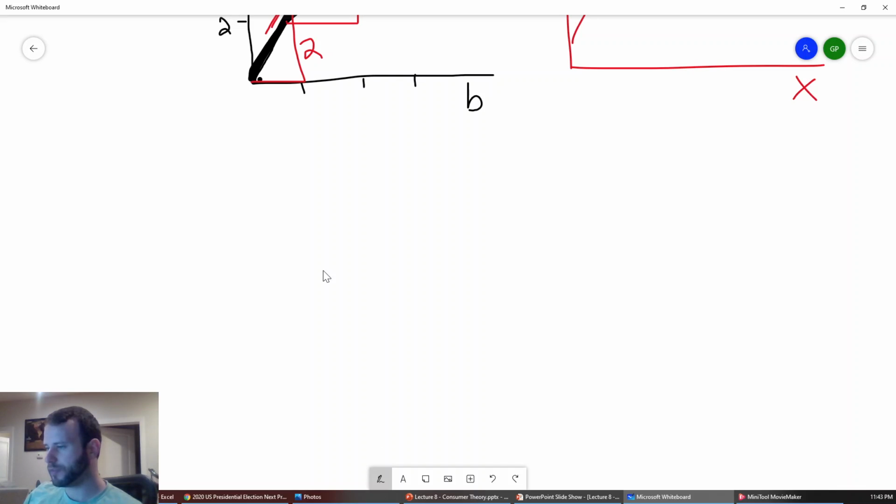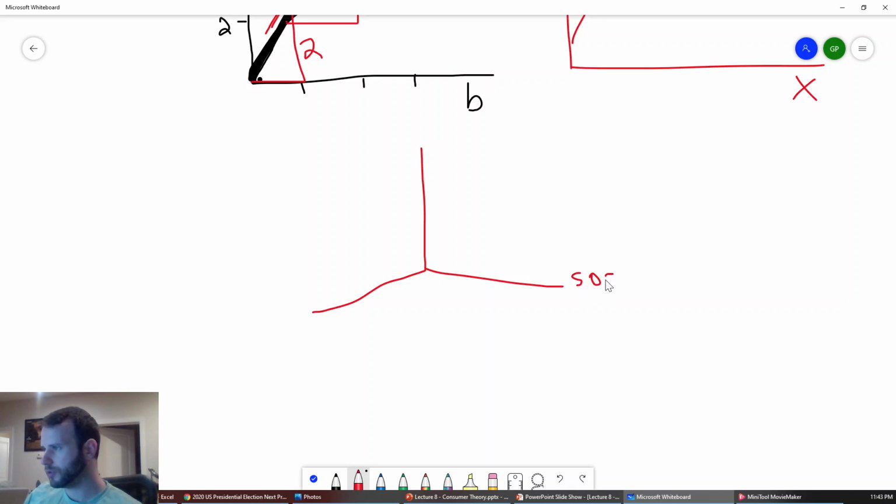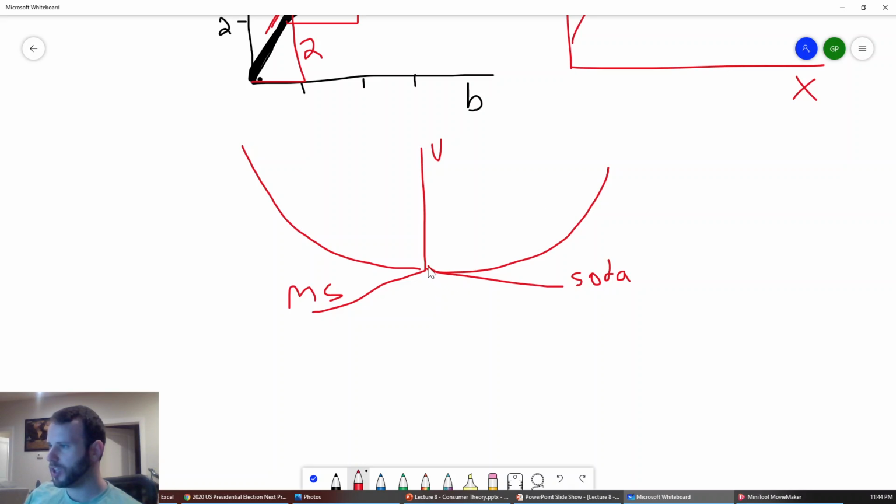But it doesn't have to be so. You can have a 3-dimensional graph. Let's say soda, mozzarella sticks, and then this is your utility. The more mozz sticks you have, the higher the utility. The more soda you have, the higher the utility.